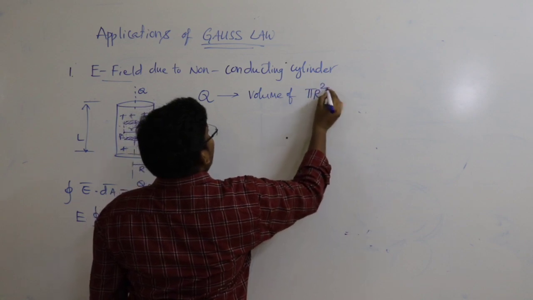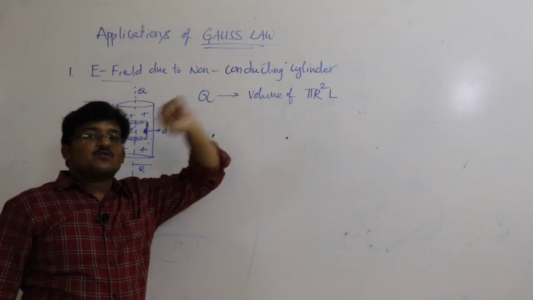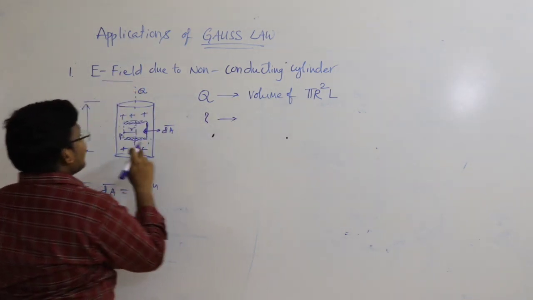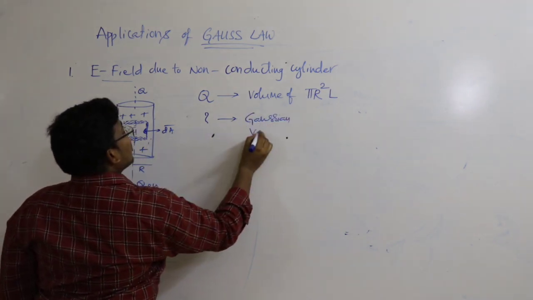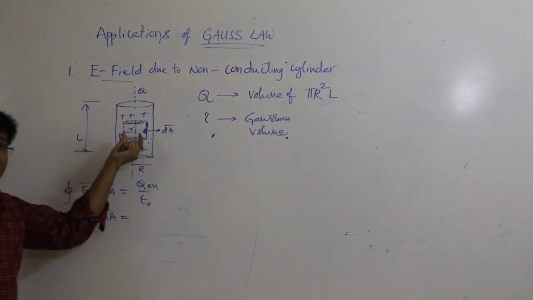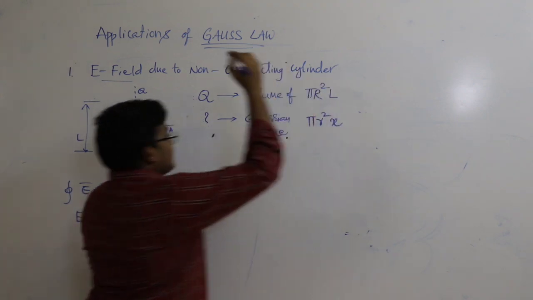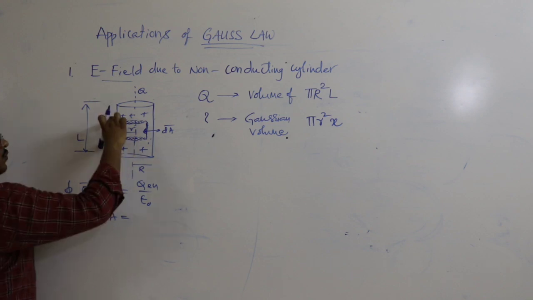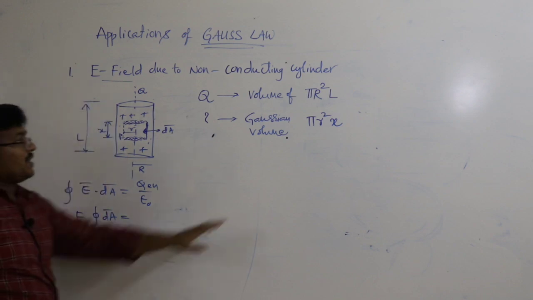Pi R square L. So Q charge is given to this much volume. Now how much charge is inside the Gaussian volume? Sir, what is the Gaussian surface volume? For this cylinder, what is the Gaussian volume? So pi r square into x. Why? Because this radius is r, so that pi r square, what is the length? What is the height of this cylinder? x. So pi r square x.